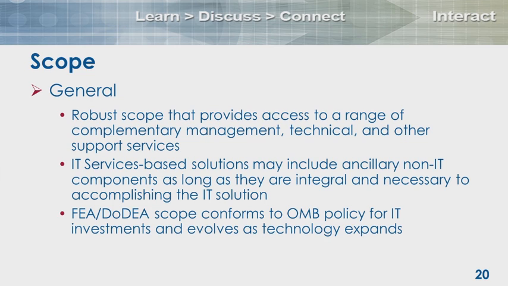Its IT services-based solutions can include ancillary non-IT components as long as they are integral and necessary to complete or support the IT solution. Its Federal Enterprise Architecture and DoD Enterprise Architecture scope conforms with OMB policy for IT investment, as well as emerging technology.